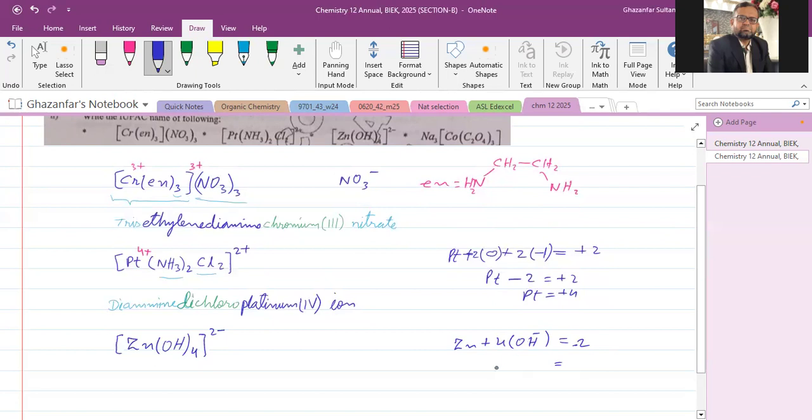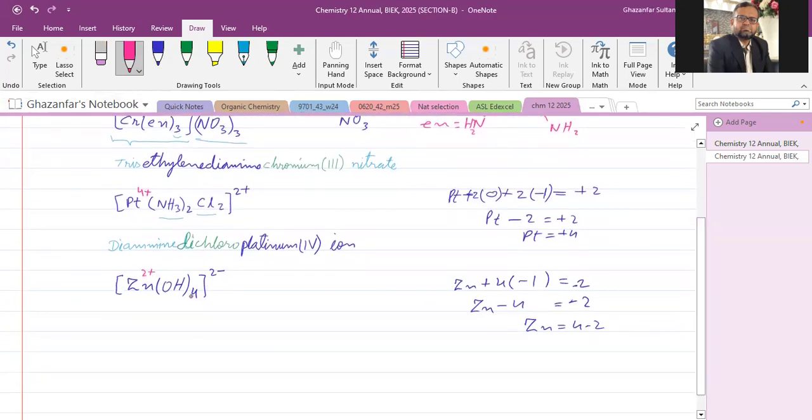So this is -4 because each has -1 charge. We can write like this: zinc minus 4 equals -2. So zinc is equal to 4 - 2, that is +2. And secondly, you must note that zinc always has +2 charge.